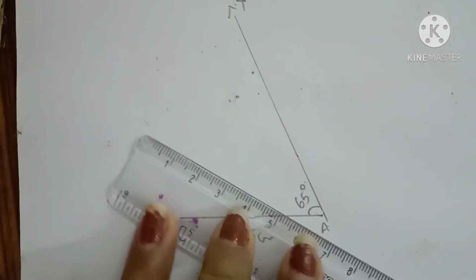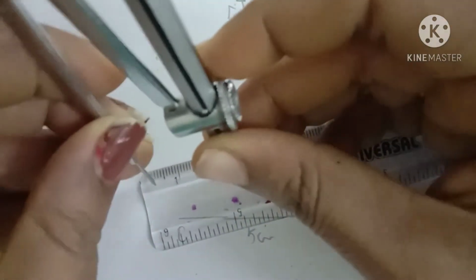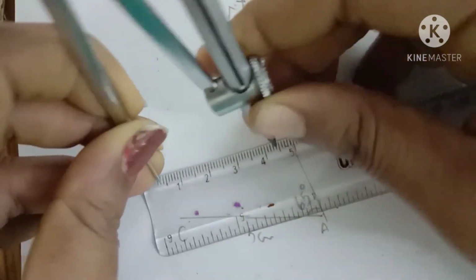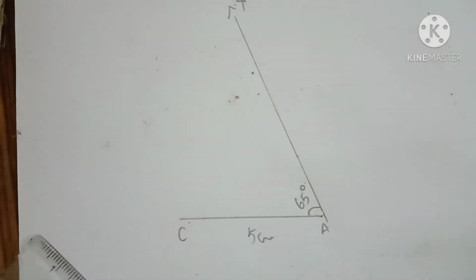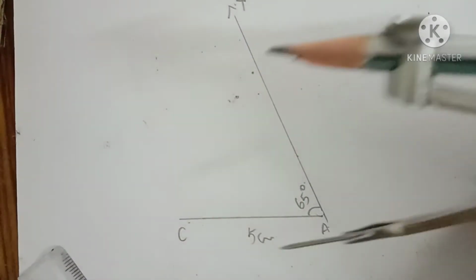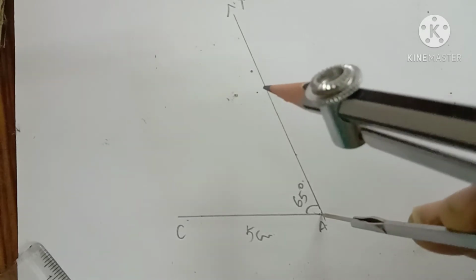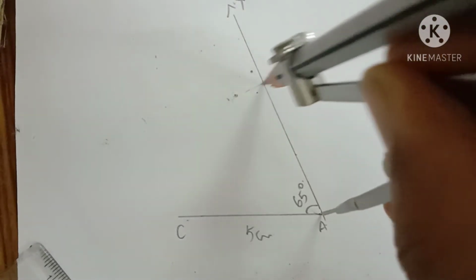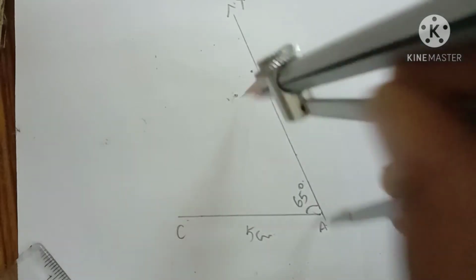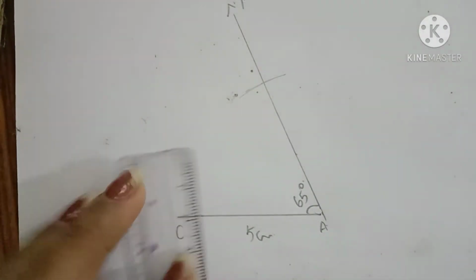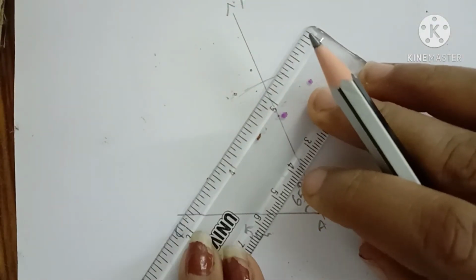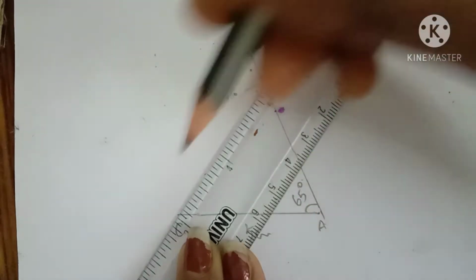You know very well, rhombus, all the sides are equal. So take 5 centimeter with A as center, cut an arc at K. Then join CK.